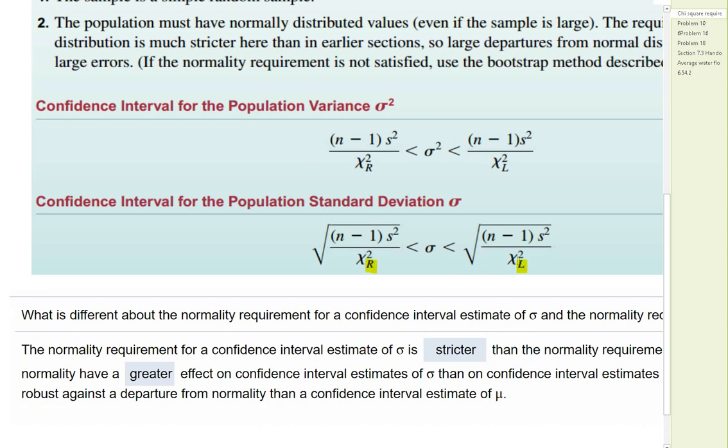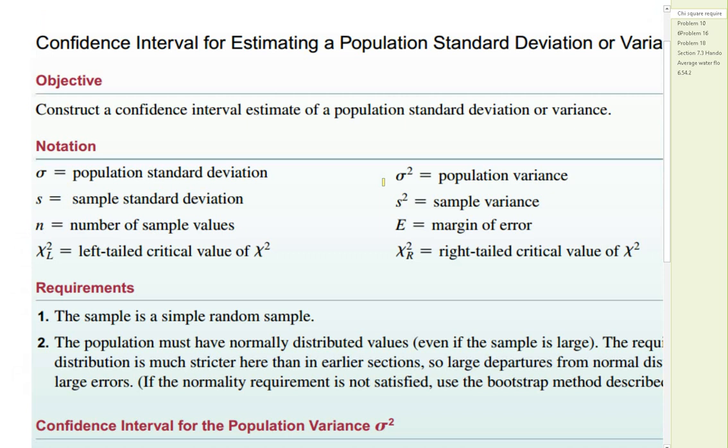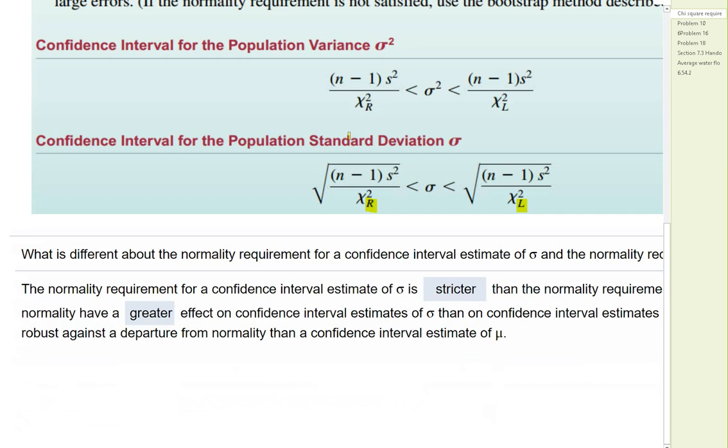So Cameron, your question from the last section kind of reminds me of what's going on here. These chi-square sub r and chi-square sub l are going to be points in the right and left tails that have a certain amount of area in them, and that area is going to be determined by alpha, our significance level.